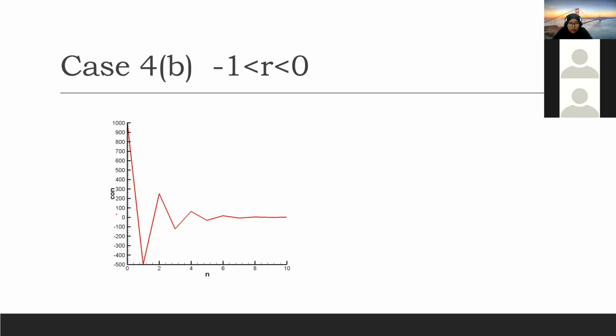And if we have a small value, negative but with absolute value less than 1, for example negative 0.01, initially it will be unstable and then it will stabilize.